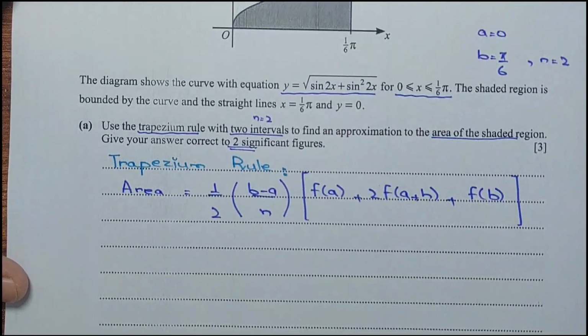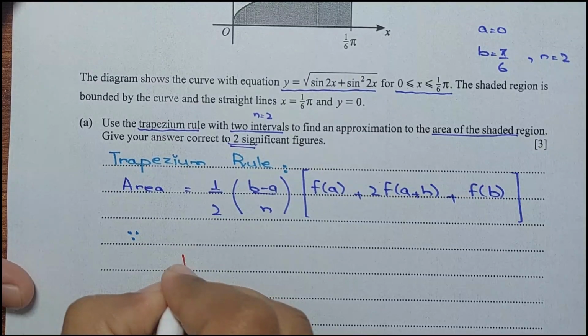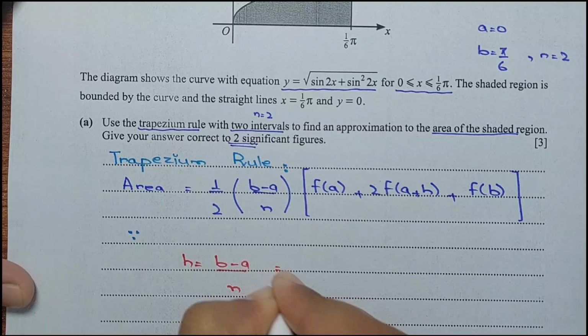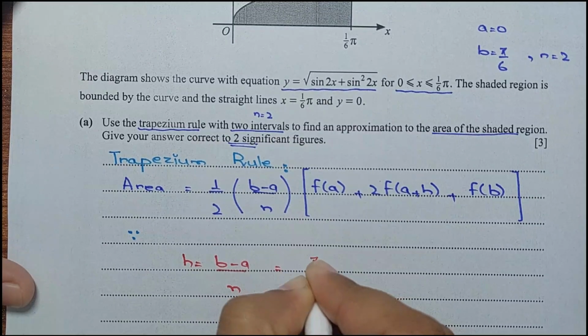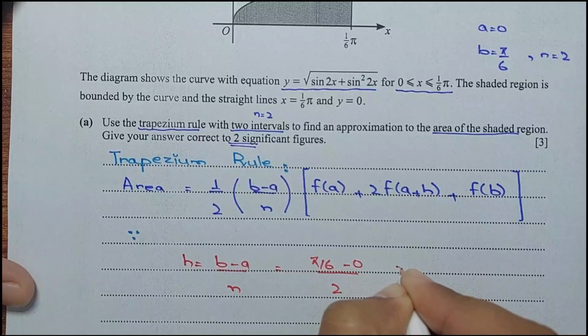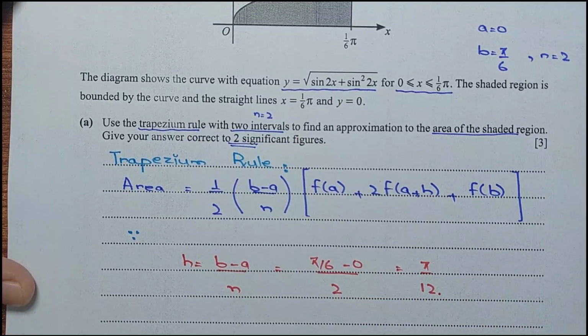And what is your h? h is equal to b minus a over n. The b value is pi by 6, the a value is 0, the n value is 2. So this is pi over 6 times 2, which is 12. Pi by 12 is your h.